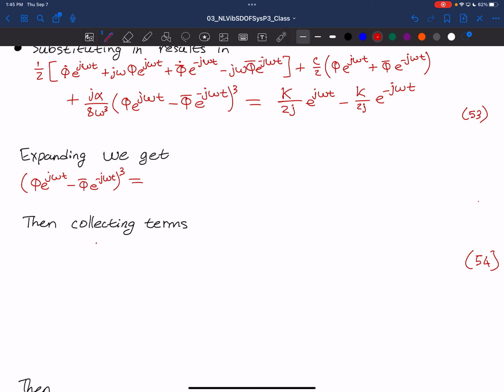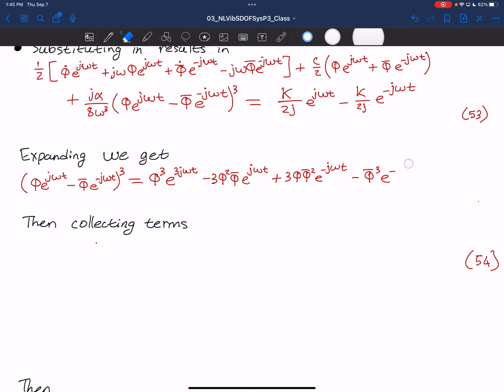This ends up being phi cubed e to the 3j omega t minus 3 phi squared phi bar e to the j omega t plus 3 phi bar squared phi e to the minus j omega t minus phi bar cubed e to the minus j omega t. Actually, that should be minus 3j omega t.